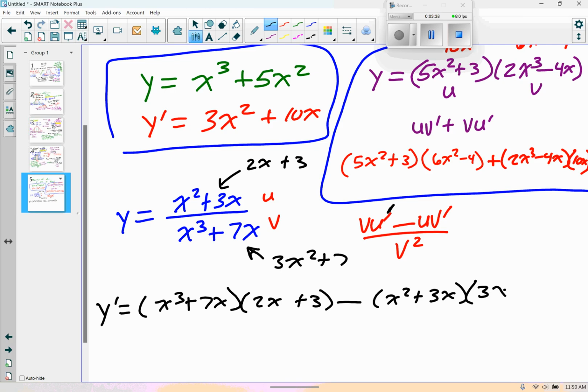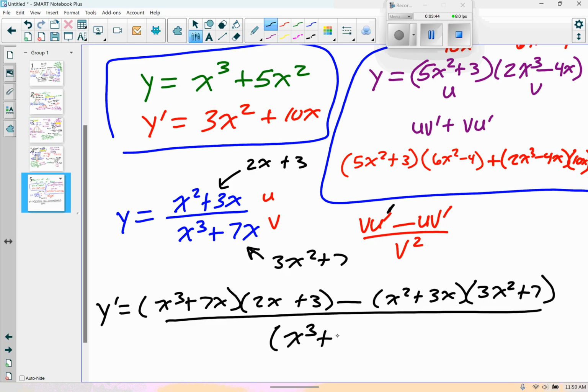All divided by the denominator quantity squared. Okay? So those are the three things that we hit so far. Are we all right so far?